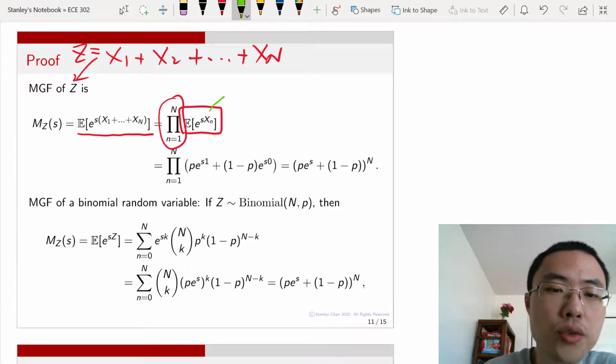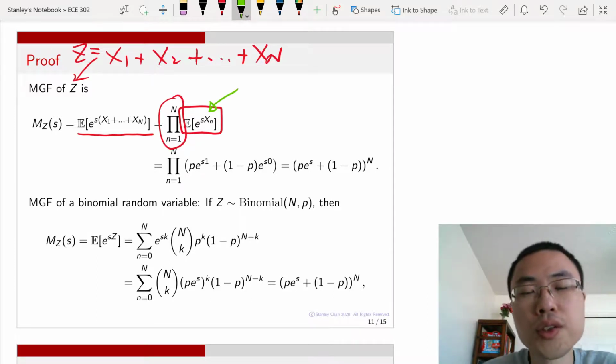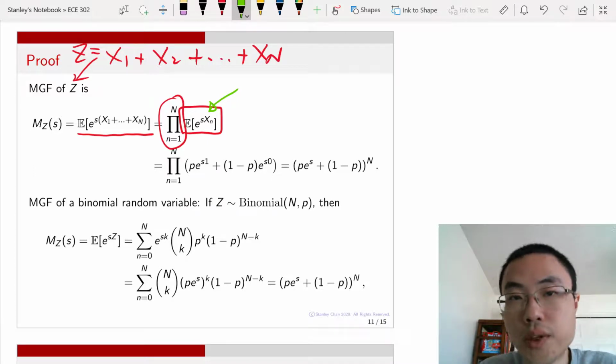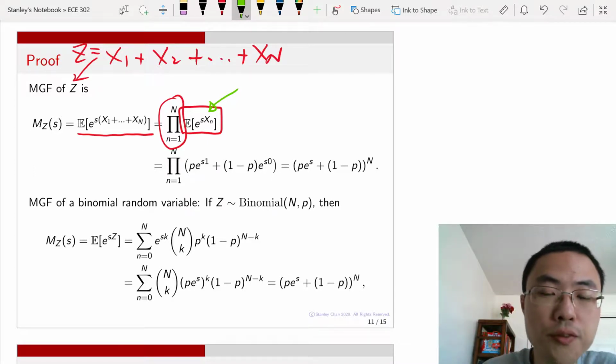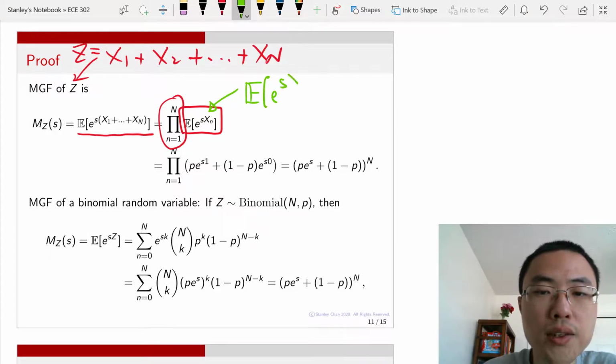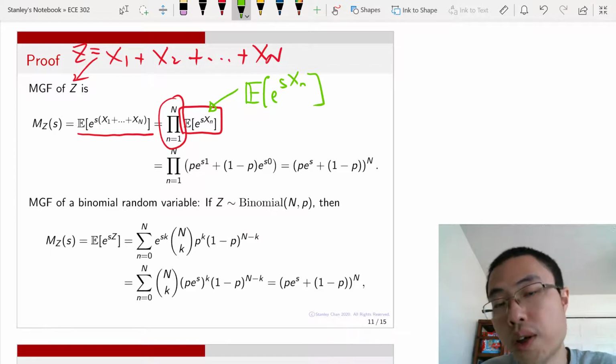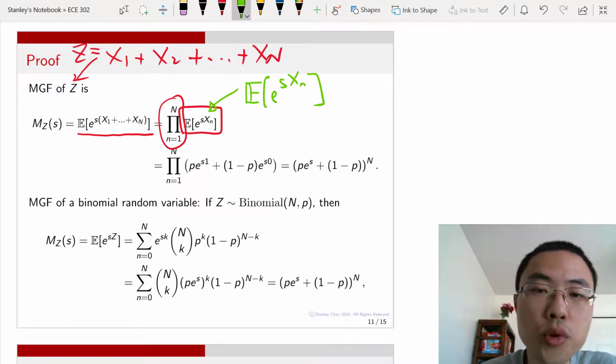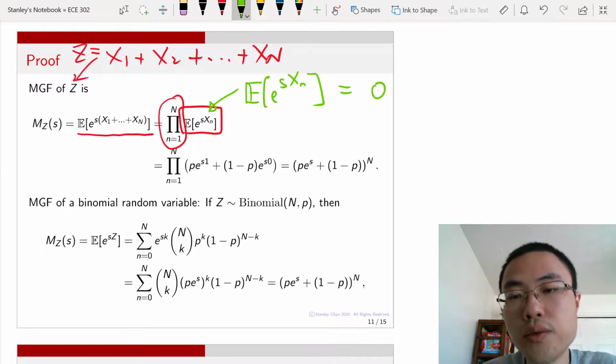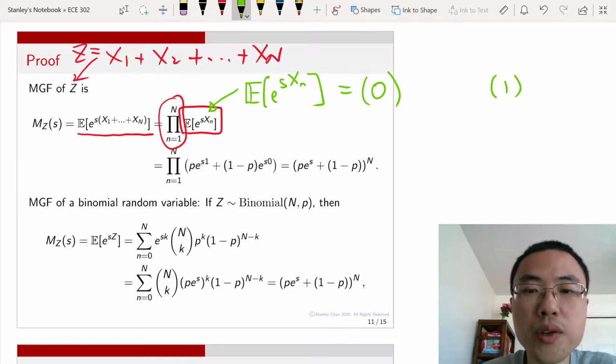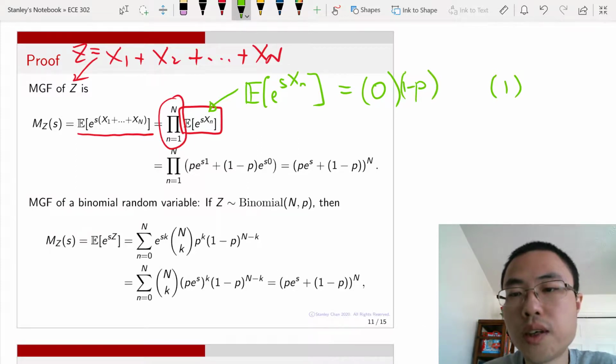So it all boils down to finding out this moment generating function. Now, what is the moment generating function for this guy? Well, you are talking about the expectation of e to the power s xn, the nth Bernoulli random variable. What is a Bernoulli? A Bernoulli can only take two states. It will be either taking a state of 0 or taking a state of 1. The probability of taking a state of 0 is 1 minus p. The probability of taking a state of 1 is p.